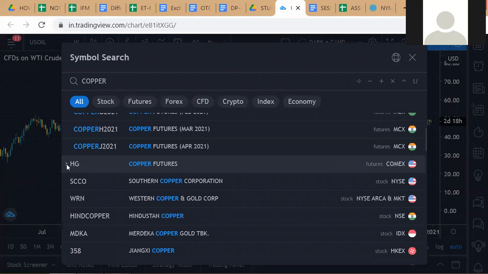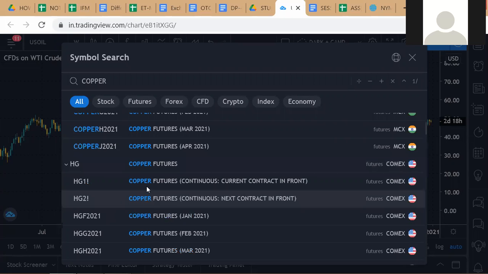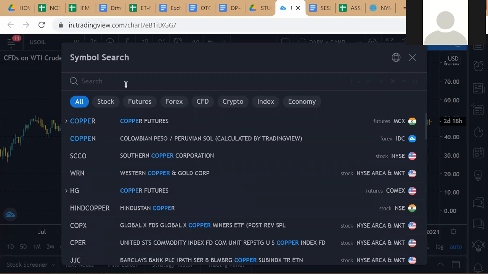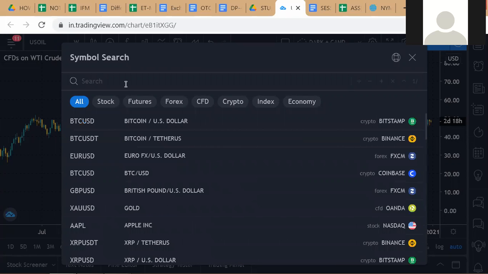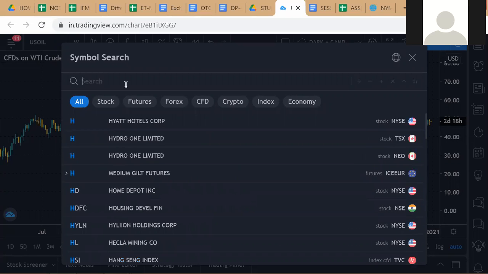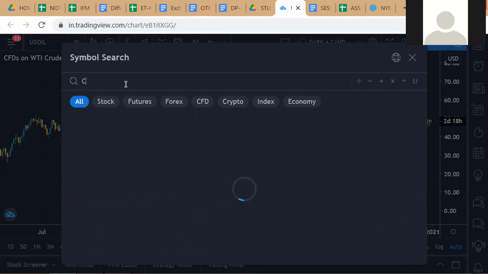This is one. Let me see if there's this is a continuous contract. These are actually not very good. I'm trying to see if there is a copper price.